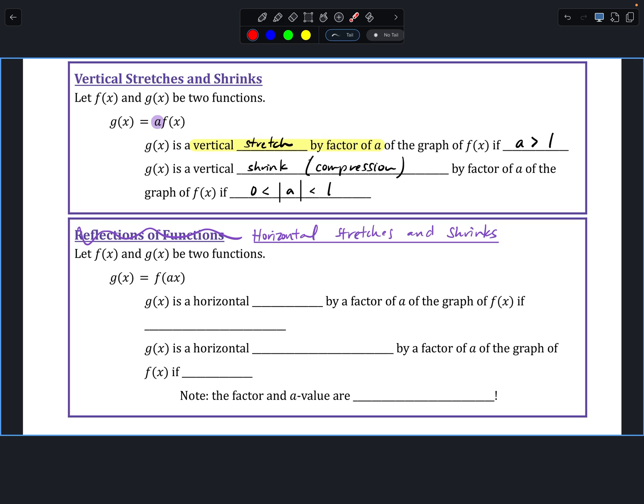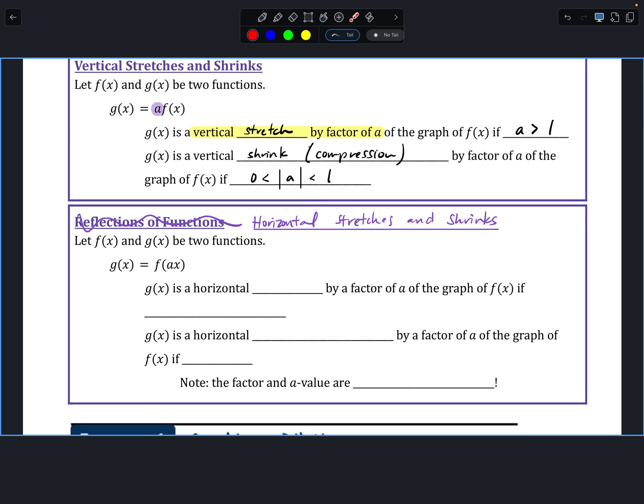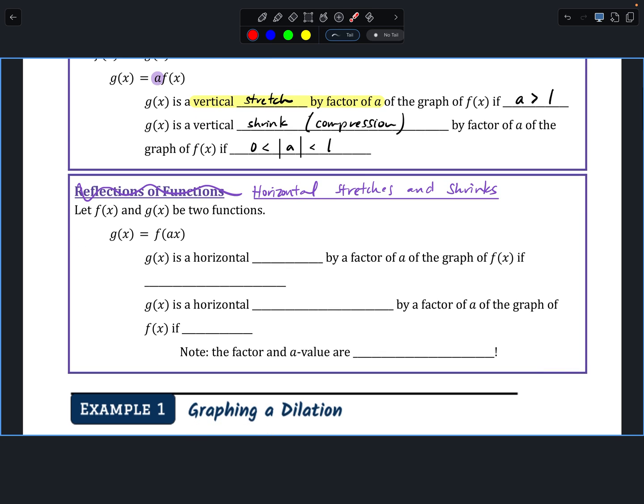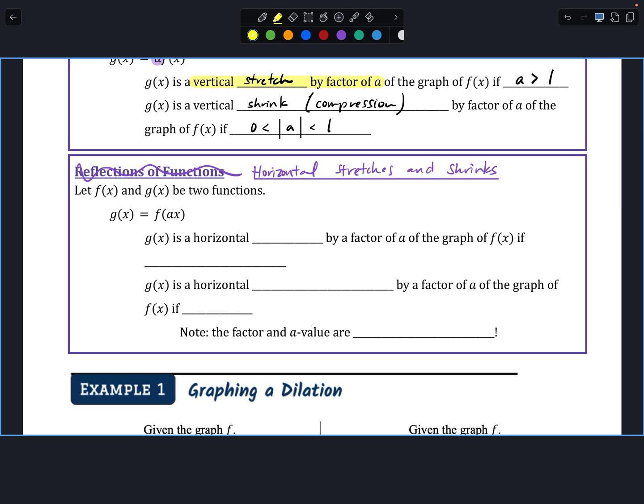Okay, so horizontal stretches and shrinks. Now the a value is on the inside. So g of x we say is a horizontal stretch by a factor of a if a, specifically the absolute value of a, is between 0 and 1.